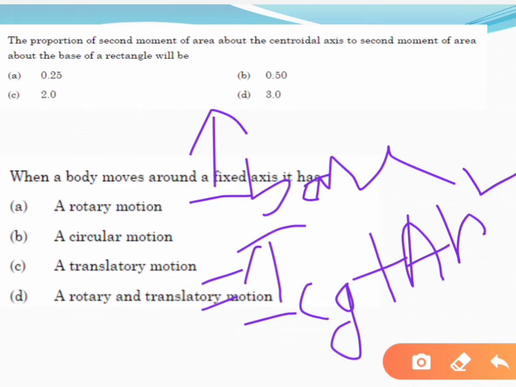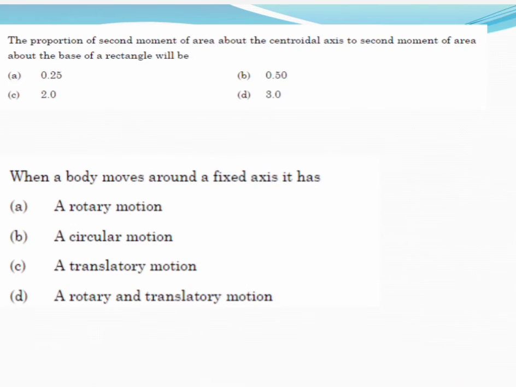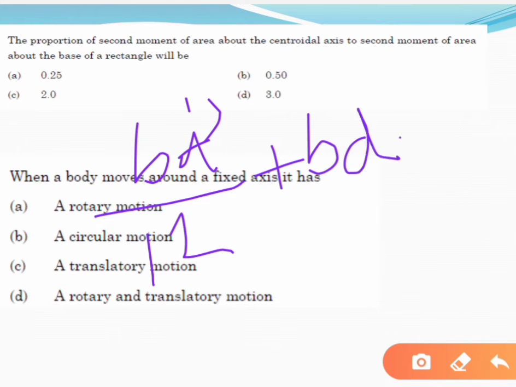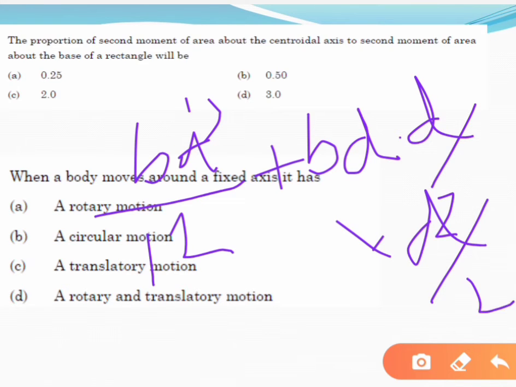A is the area of the section and R is the distance of the CG from the base. So I about the base will be b d cube by 12 plus b d into d by 2 into d by 2.